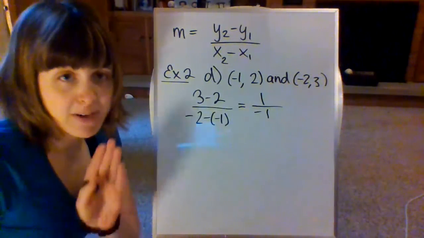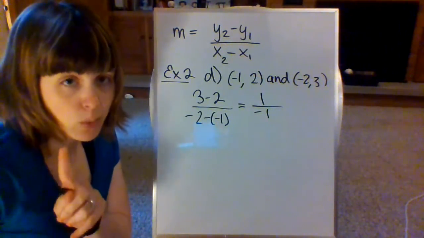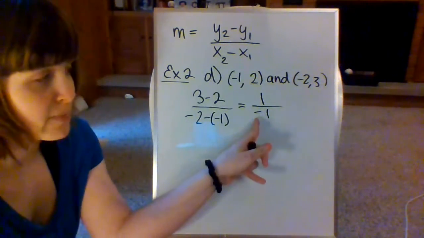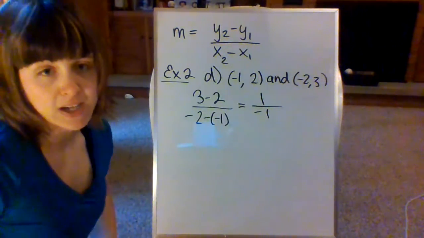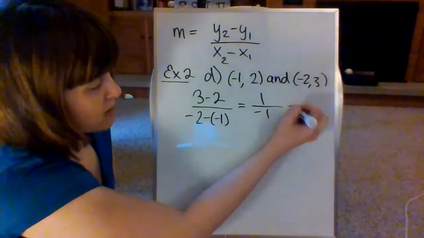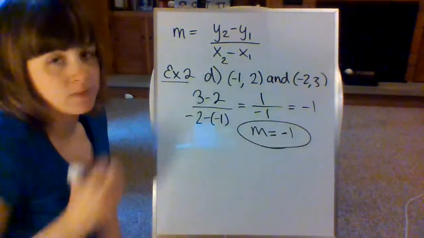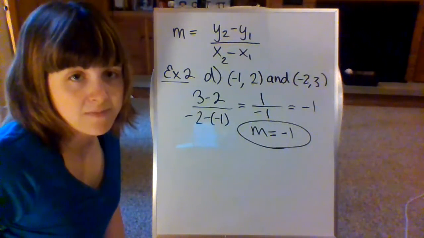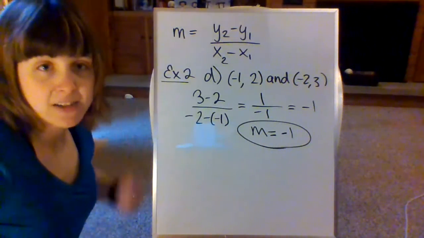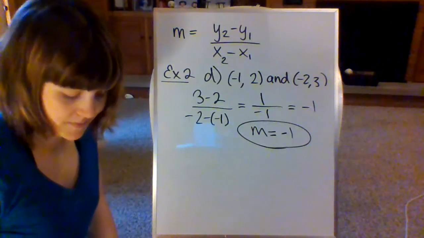So anytime you have a number over itself, it's going to equal 1. But because this is a minus, it's going to equal -1. So our slope is -1. Okay, so ta-da, that's it, finding slope between 2 points.